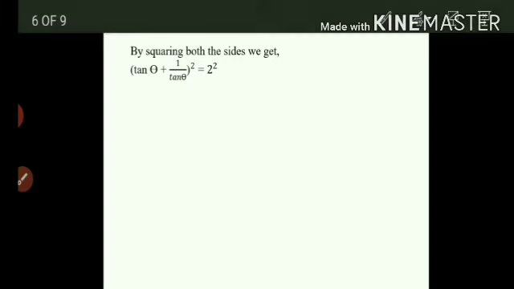Now here for the left hand side, see, the left hand side is tan theta plus 1 upon tan theta the whole square. Here we will be using the identity, that is a plus b the whole square. So we know that a plus b the whole square will be a square plus 2ab plus b square. So here a is tan theta and b is 1 upon tan theta.